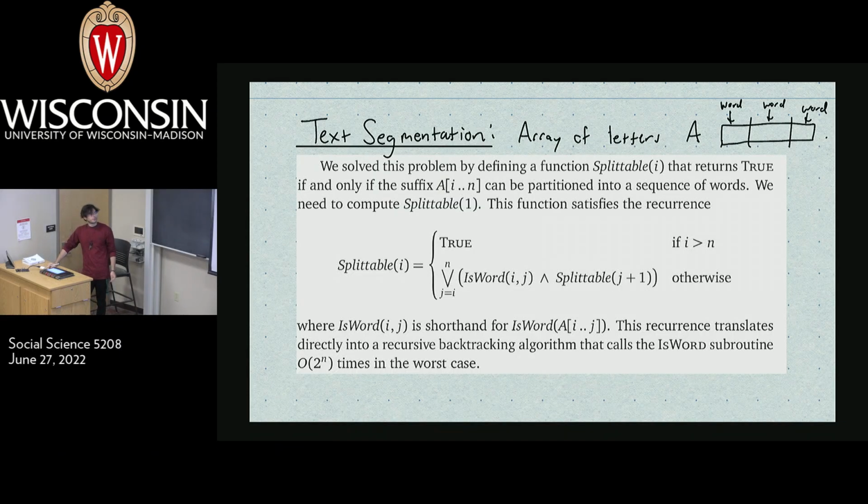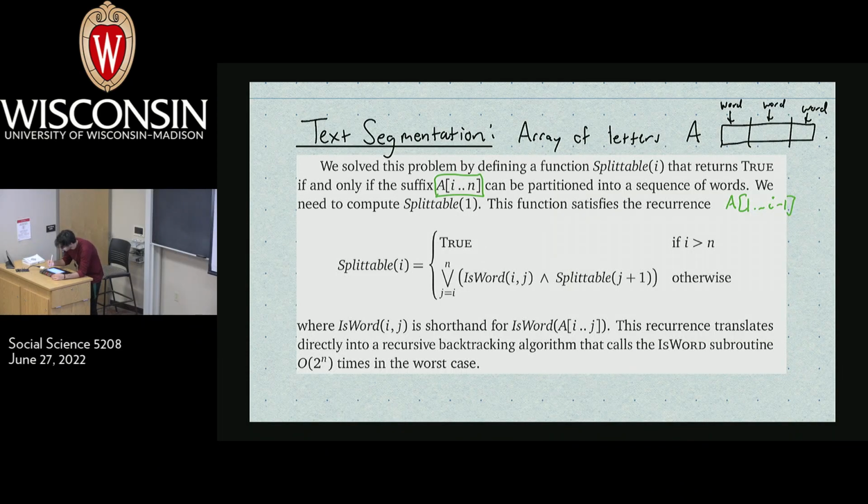And then recall we came up with the splittable function to compute this. So what's splittable of i? This is exactly the subproblem in the middle of the process. So we're assuming we've already solved the problem for a1 up to i minus 1. And now we have to decide where the next word goes. So we want to add the space breaks for this subarray a_i through n.